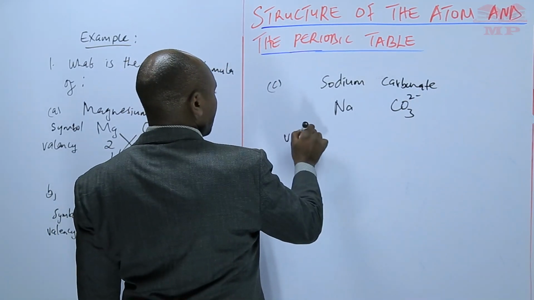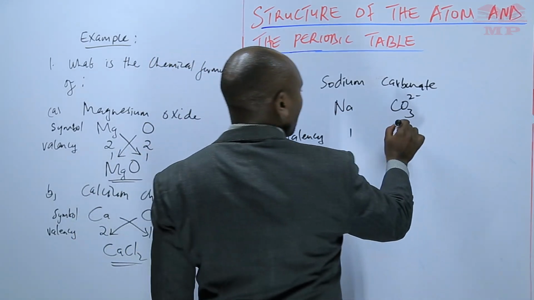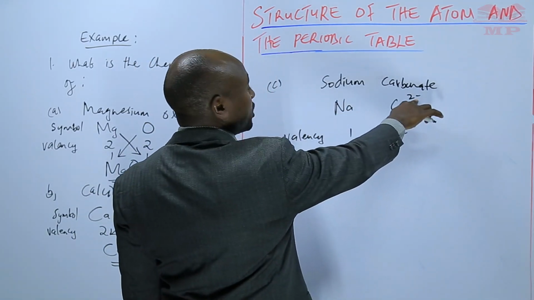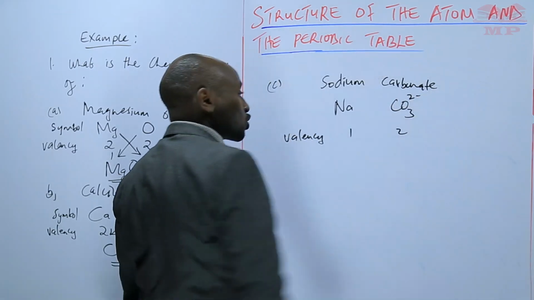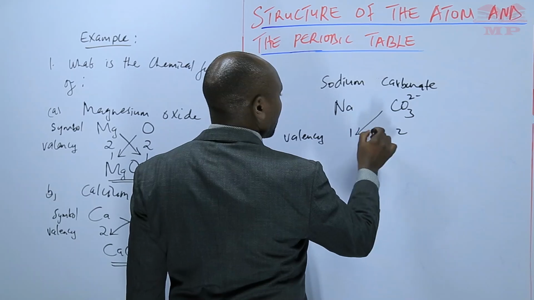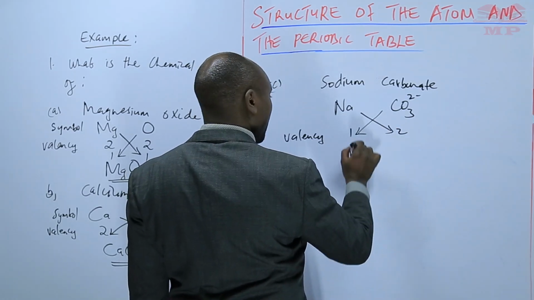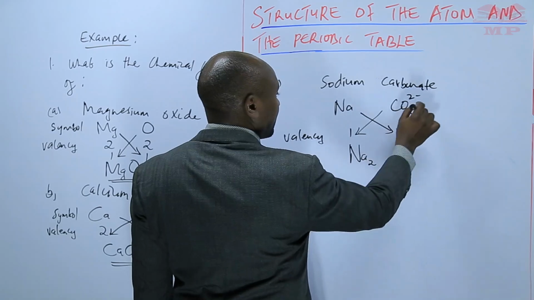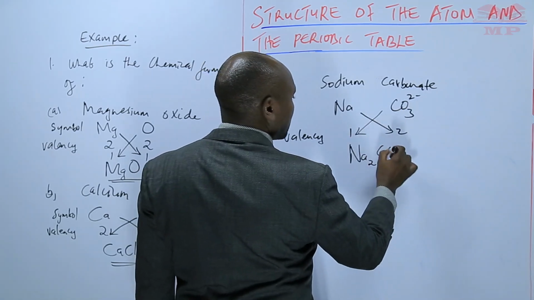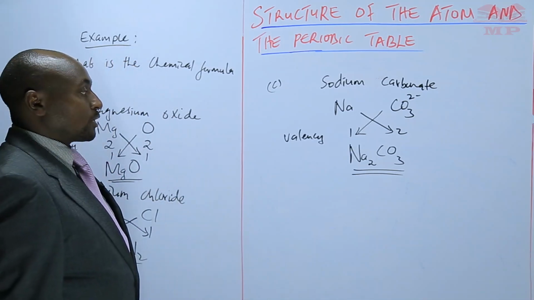The valency for sodium is 1. The carbonate, the valency is equivalent to the charge. It's equivalent to the oxidation number, which is 2. So you cross multiply. Sodium you multiply by 2, and then the carbonate you multiply by 1. So that will be the formula for sodium carbonate.